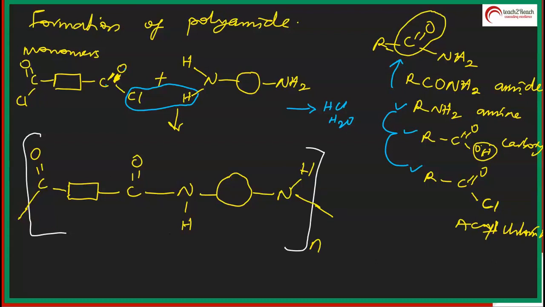If n is 1, this is my repeating unit. But when I put n like this, it becomes a polymer because n denotes that it keeps repeating itself.